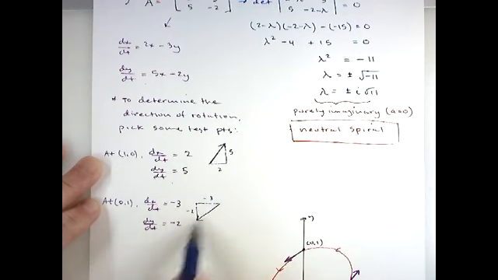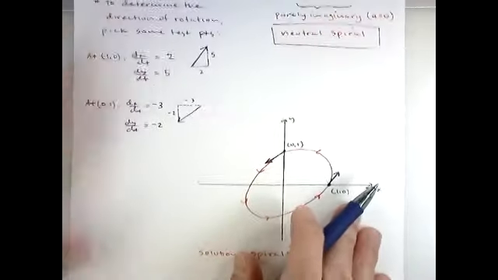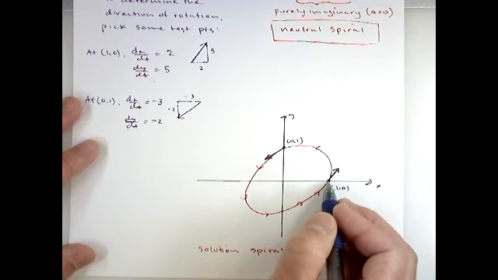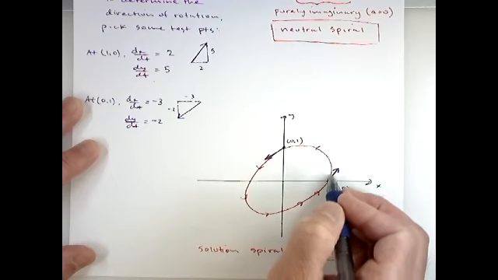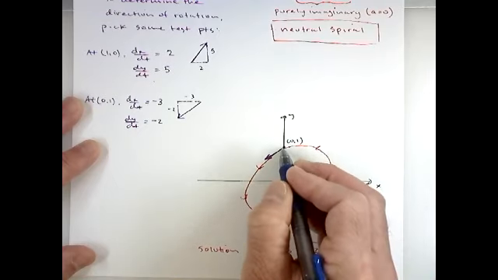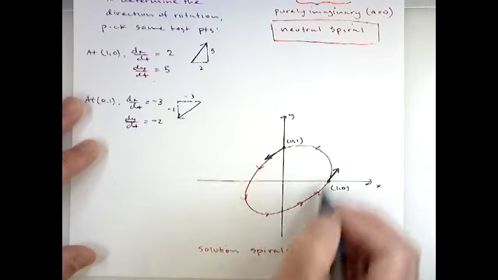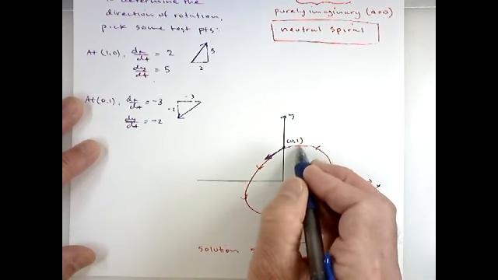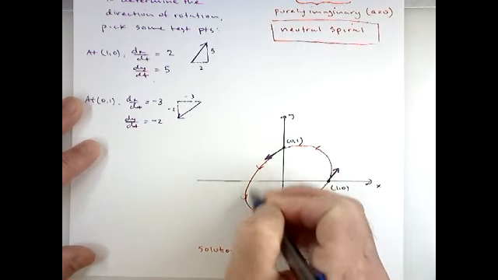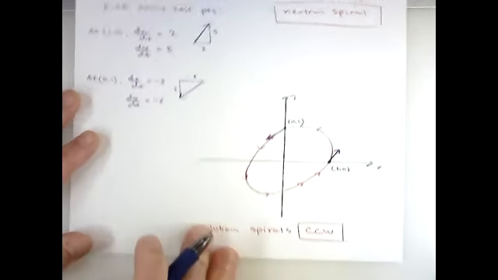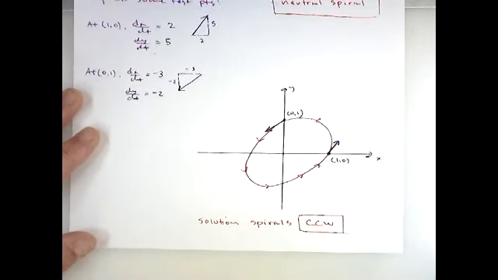At 0, 1, I get a vector going downward and to the left. Interpreting that on my picture, I know it's a neutral spiral. My motion is going to be from here in this direction, like the last one. And if this one's downward, like this, that would fit a solution trajectory that is going counterclockwise. That would match up with that. So this is a neutral spiral that moves counterclockwise.